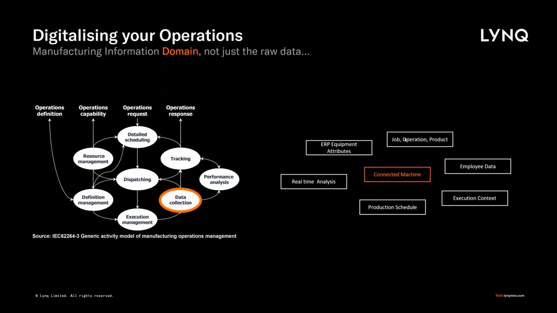You really need to form what we call a manufacturing information domain, because there is lots of other stuff around machine data which is important to have as offset information. We need to think about a closed loop solution where everything is connected to everything, right? Because that's really the strength of this industry, its connectivity. And within Link, we do connect machine with production schedule, with the ERP, with execution context, with everything else.